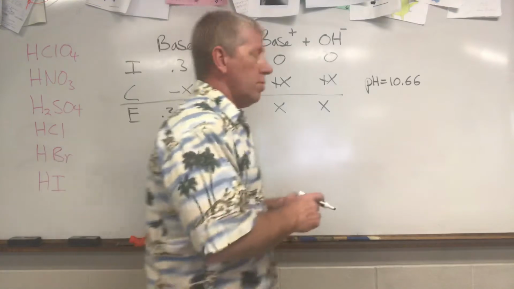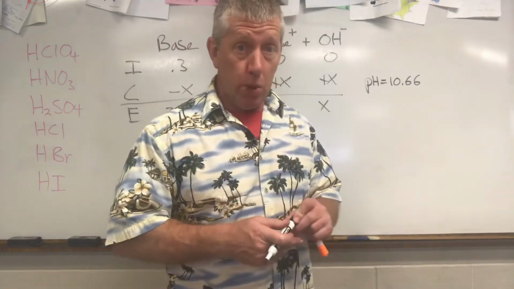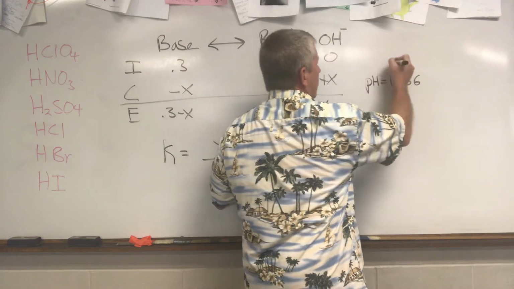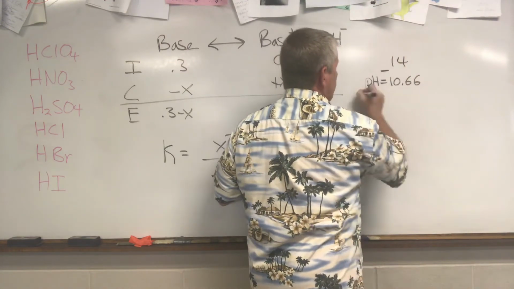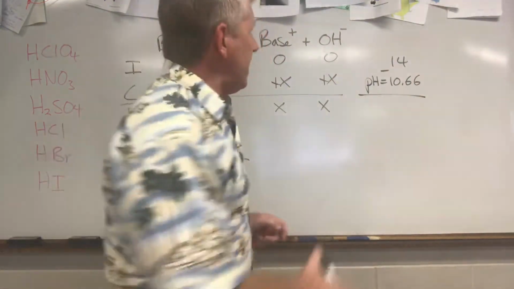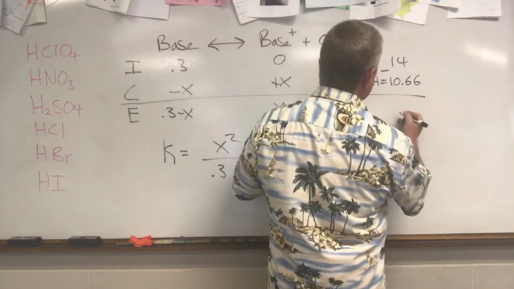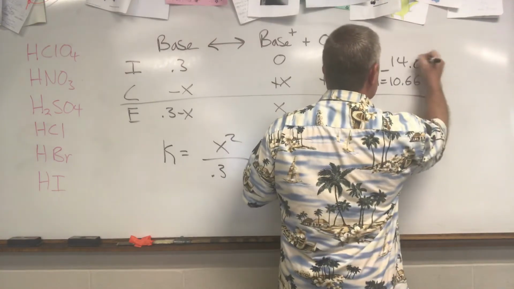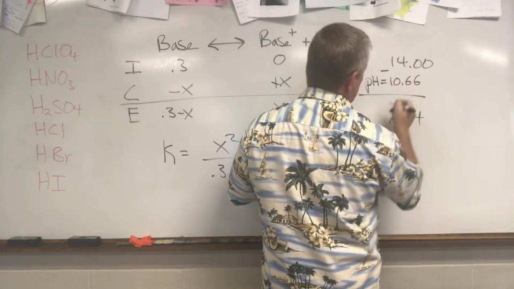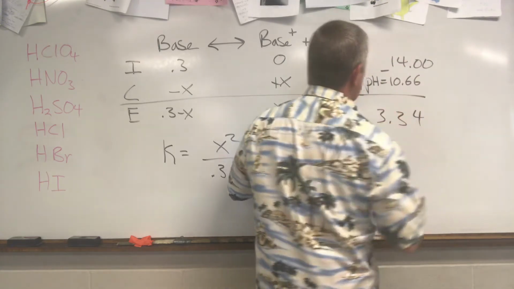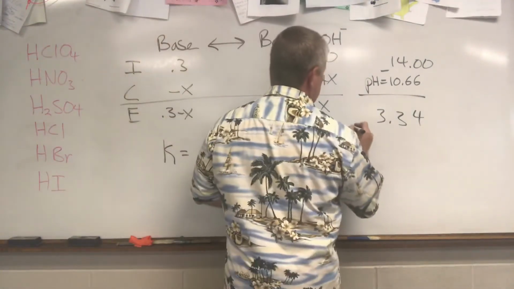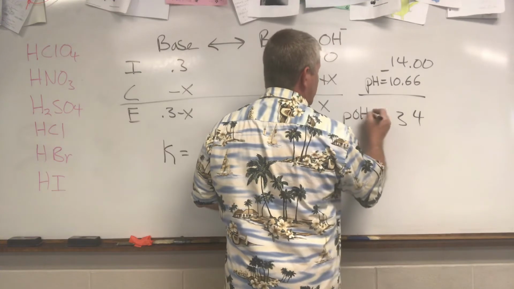Let me repeat what I just said. The pH is 10.66. If you take 14 and subtract pH or pOH, you get the other one. So if we take 14 minus 10.66, that gives me 3.34. That's my pOH.